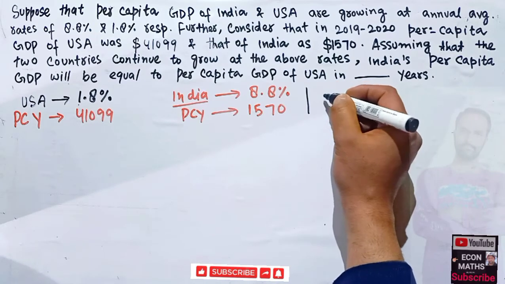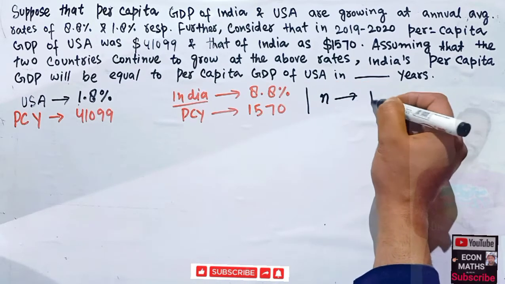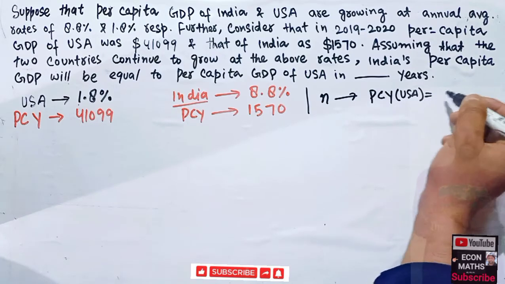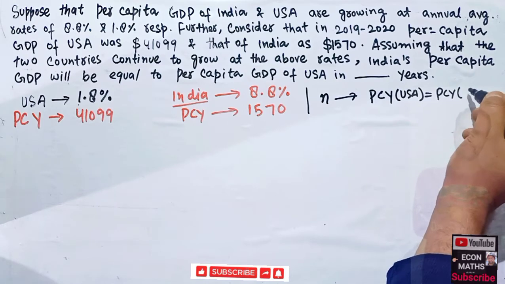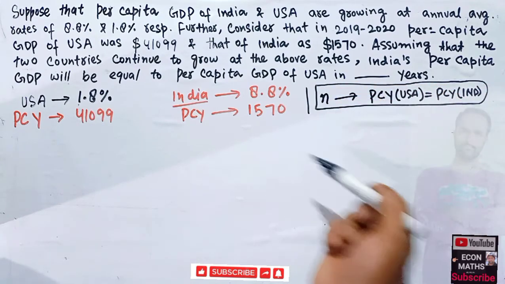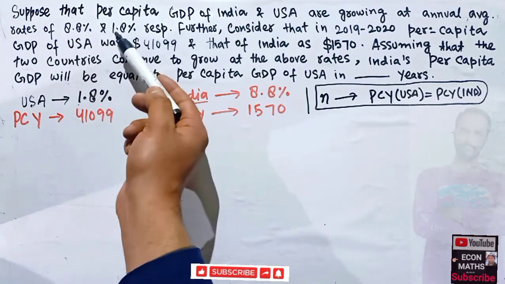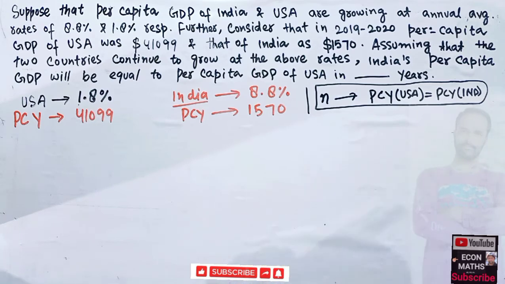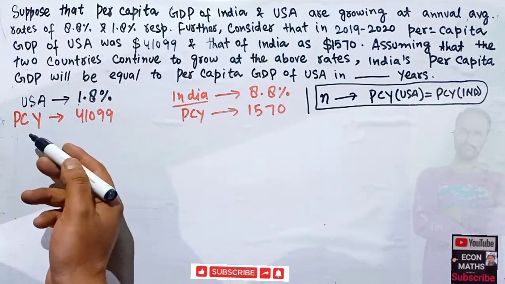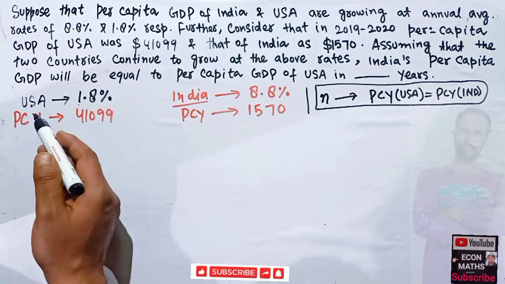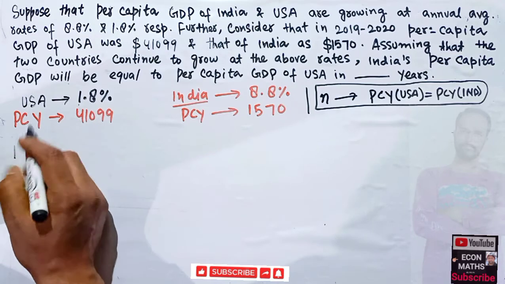Let us say after n years, per capita income of USA is equal to per capita income of India. I'm just assuming after n years their per capita income will be equal, assuming that they grow at 8.8 and 1.8 percent annually. Now after n years what will be the per capita of USA? Simple thing.